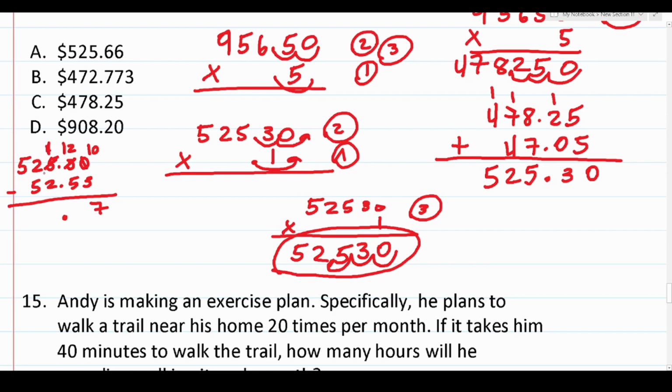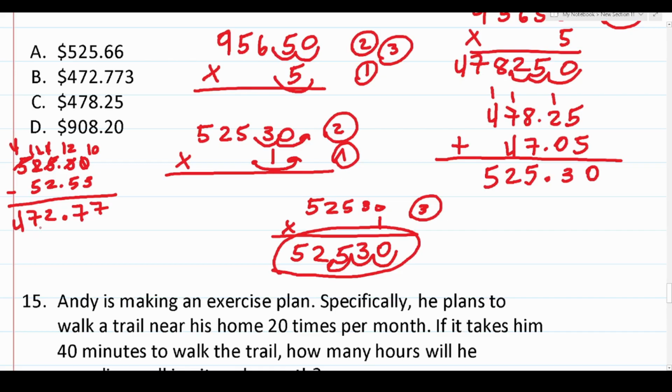This becomes 12. 12 minus 5 is going to be 7. And 4 minus 2 is 2. 2 minus 5 we can't do. We have to borrow. This becomes 4. This becomes 12. 12 minus 5 is 7. And then 4 minus nothing is 4.